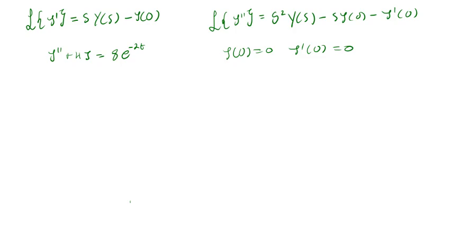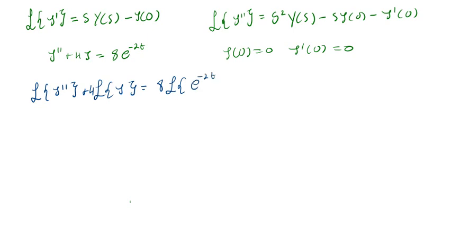So here we'll say the Laplace transform of y prime prime plus the Laplace transform of, there's a 4 here by the way, y, just y. Then here you have 8 times the Laplace transform of e to the minus 2t.